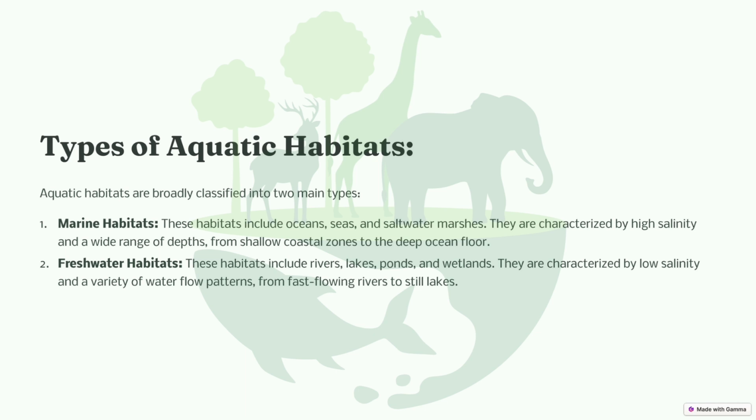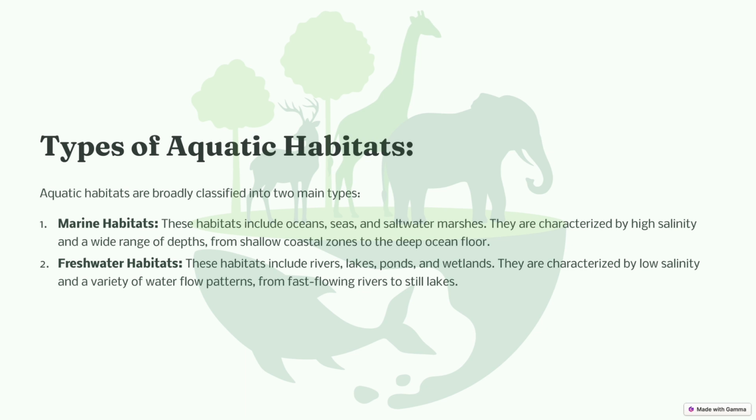So we have the marine habitats. These habitats include the oceans, seas, and saltwater marshes. They are characterized by high salinity and a wide range of depths from shallow coastal zones to the deep ocean floor. So this is our sea water habitat, all right?